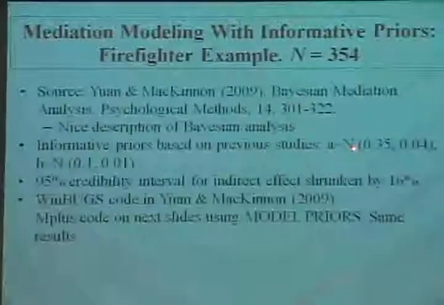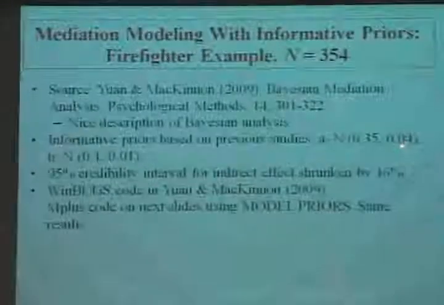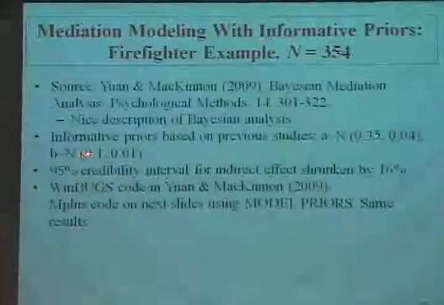We won't discuss how they got their values, but here we are saying then that the regression coefficient A has a prior that's normally distributed with mean 0.35 and variance 0.04 and some other value for B.